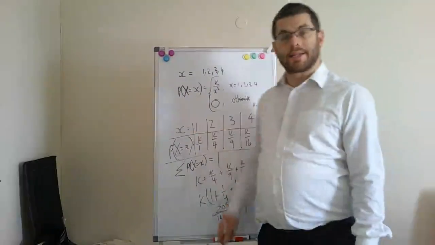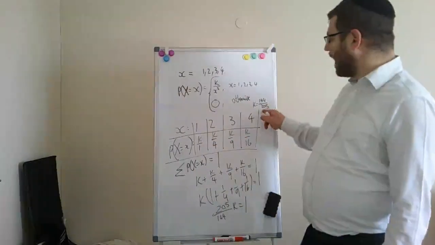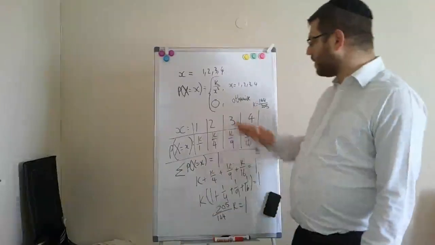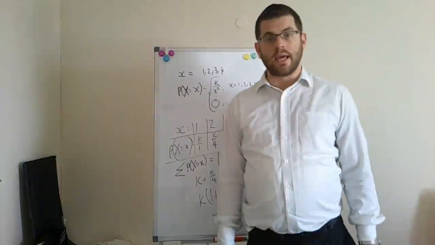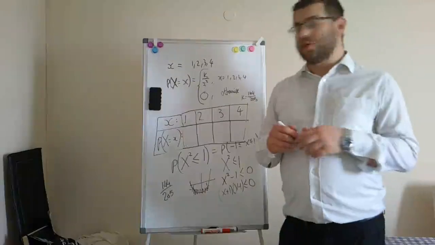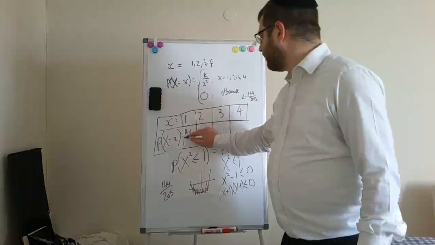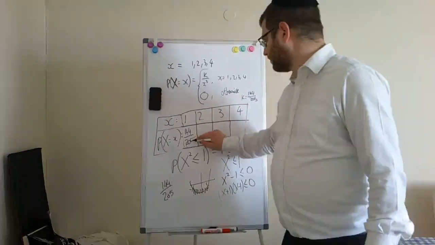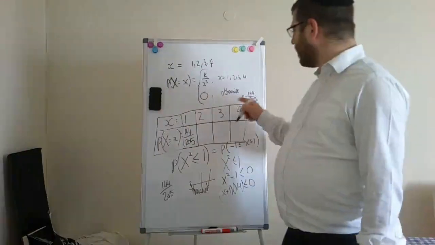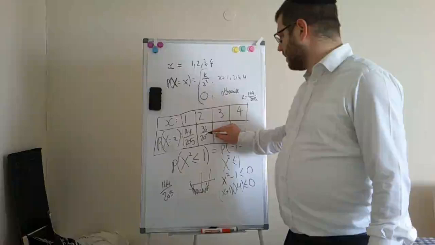And once you have k, you can then put it in. So then you can rewrite the table. You put k in there, 144 over 205, divided by 4, put the actual numbers there, and then you can check that those numbers indeed add up to 1. That was k over 1, so that's 144 over 205. If you divide that by 4, that will go down to 36.